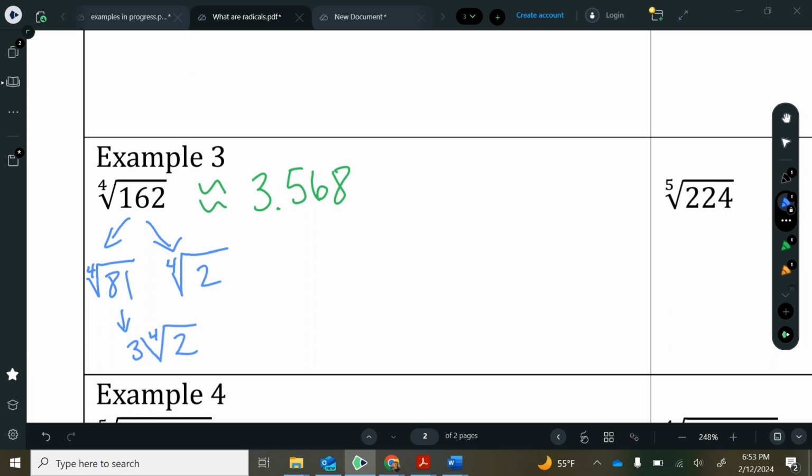And if you want to double check your work, this is how you can check at the end that it's correct. Let's type this into our calculator. And if we get this exact same decimal, that means we know that we did it correctly. All right, so let's see here. 3 times the fourth root of 2.